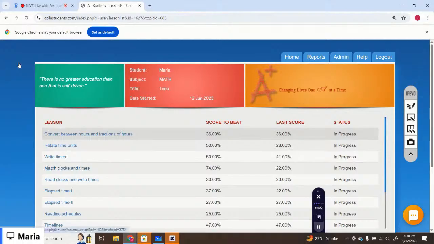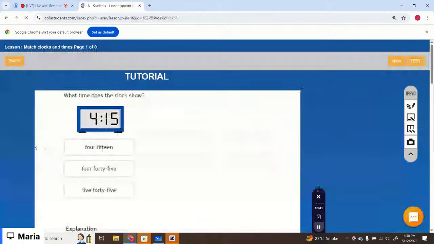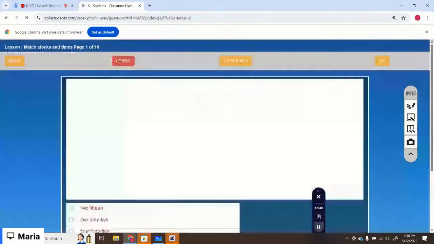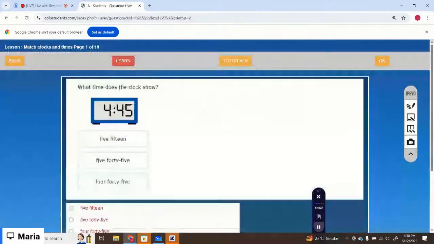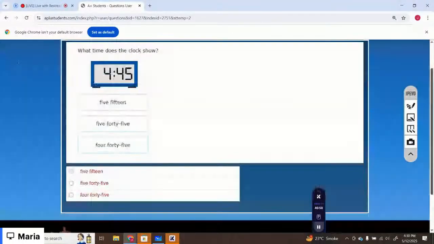The next lesson is match clocks and times. What time does the clock show? That is 4:15. Let's just start with the test questions. What time does the clock show?